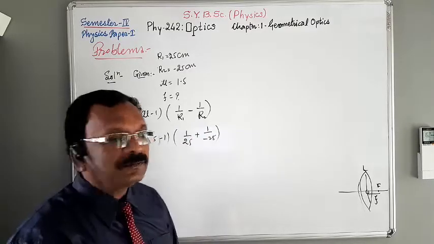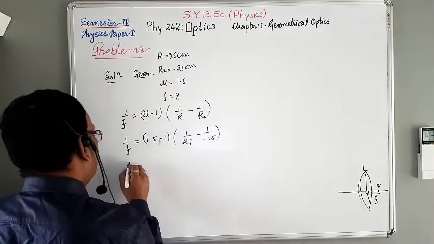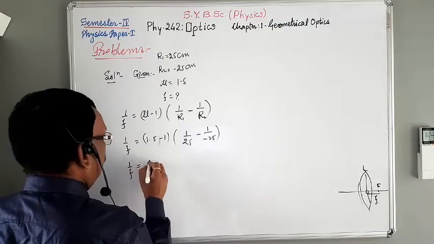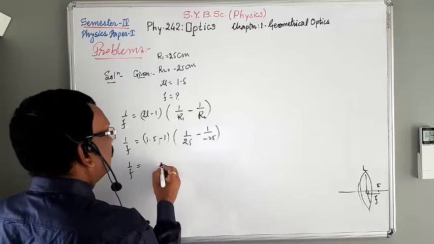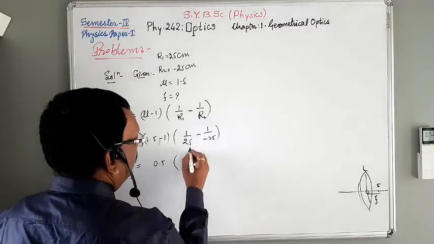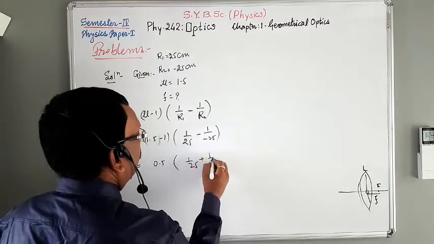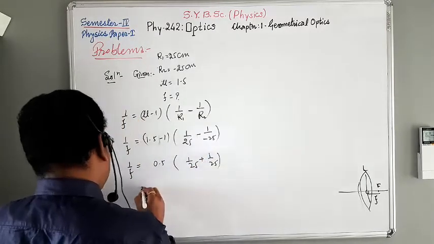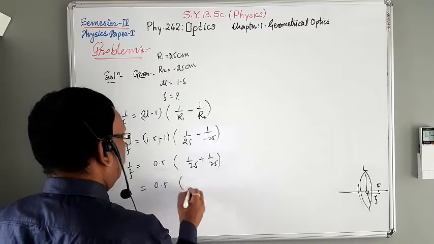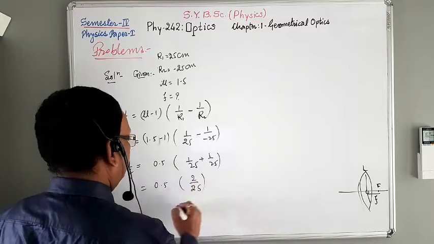Not plus minus. So we have 1 upon F is equal to 1.5 minus 1, that is 0.5, in bracket 1 upon 25 minus minus, that is plus, 1 upon 25. Solve this, we have 0.5 in bracket 2 upon 25.